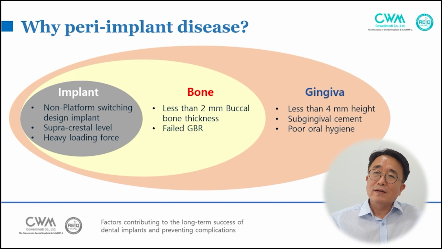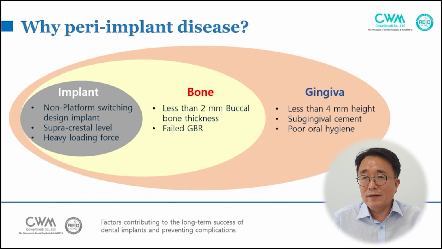Why does peri-implant disease occur? First, the implant design is non-platform switching design, and the implant is placed at the supracrestal level of bone. And third, heavy loading force greater than the implant bearing capacity.